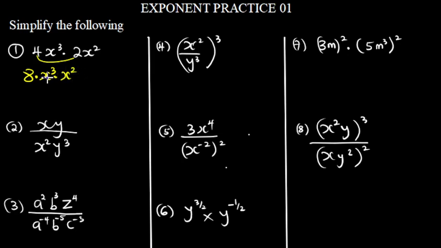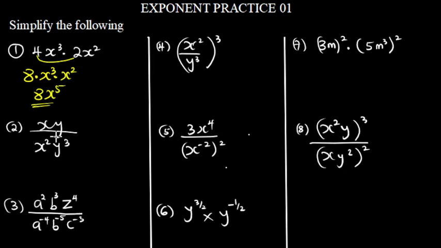Recall the rule that a to the power of m times a to the power of n is a to the power of m plus n. So for x to the power of 3 times x to the power of 2, this becomes x to the power of 3 plus 2, which is 5.